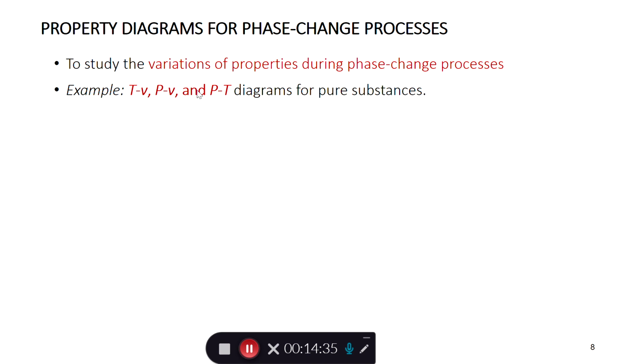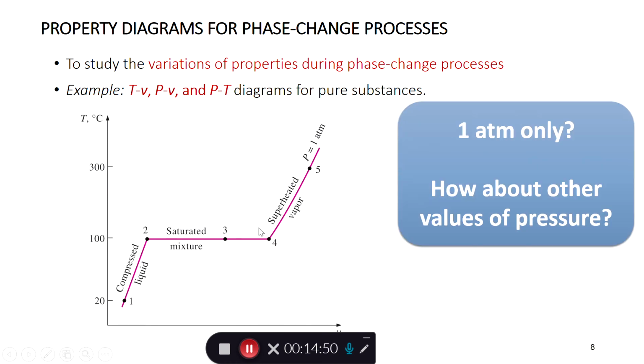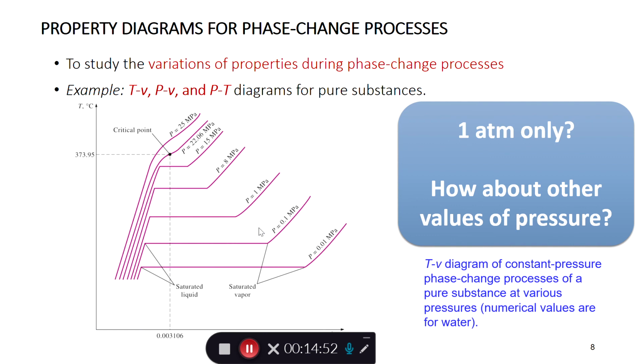Now, how do we put all that information on the process diagram? This is the basic diagram that you saw earlier. This is for 1 atm, remember? Now, when you have other pressures but you want to draw them on the same diagram, we get this. You see, the lower the pressure is, the lower the position of the constant pressure line is.